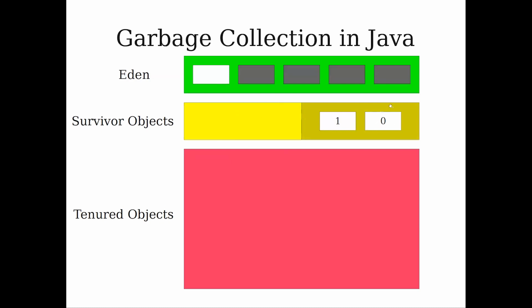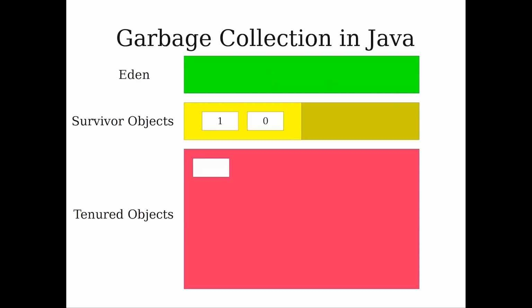if a garbage collection runs, this object, assuming it is still alive, will have survived 2 garbage collections, so it will be moved to tenured space, because empirically such an object is supposed to live for a very long time. Things keep working like that.